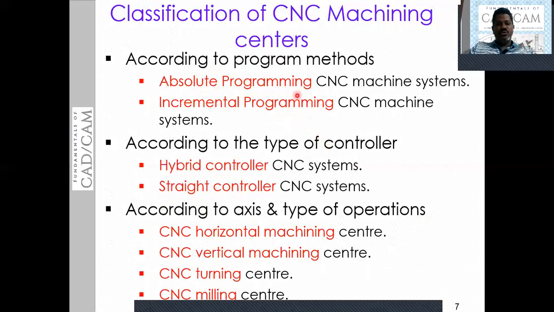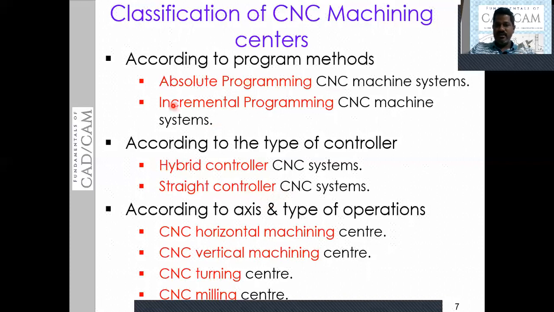The movements of the tool or the movements of the table are according to the absolute programming. In the case of absolute programming, the tool movement coordinate values, or the table coordinate values, are according to the origin point. With respect to the one origin point, all the points are calculated.